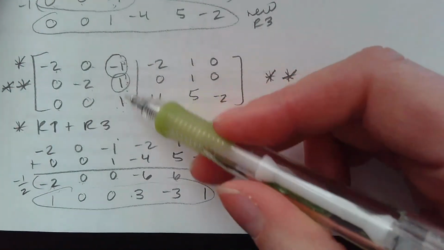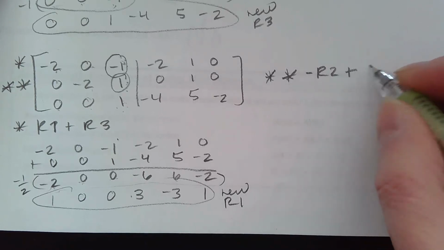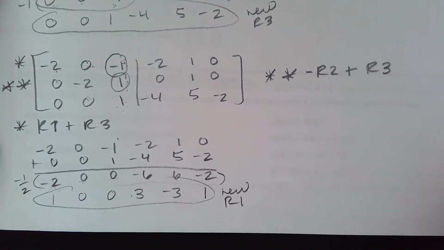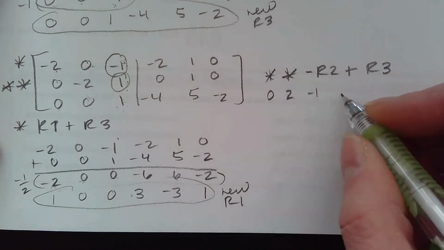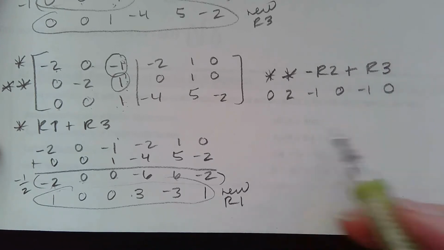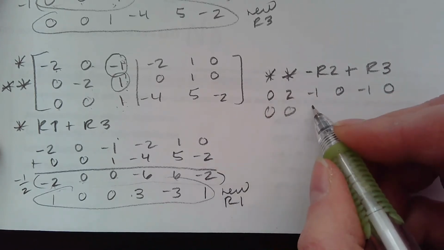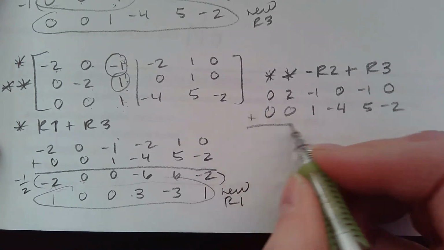So now I'm going to have to use row 2 and row 3. So I'm going to use a negative of row 2 and add row 3 to that. So let's see, that'll be 0, 2, -1, 0, -1, 0. And then my row 3 the way it is. And then we'll add those together.